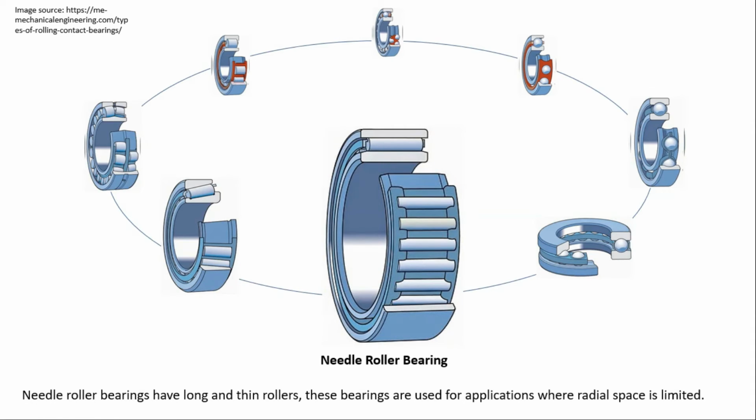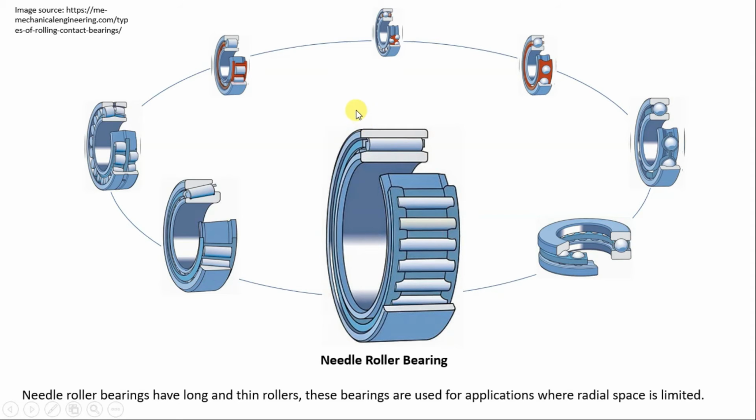In this bearing also there will be a point contact between the elements, or we can say inner race and rolling element. These bearings are used where we have a limitation of space in the radial direction. If we have less space available in the radial direction, then we have to use this needle bearing, because this roller bearing will not fit into that space.